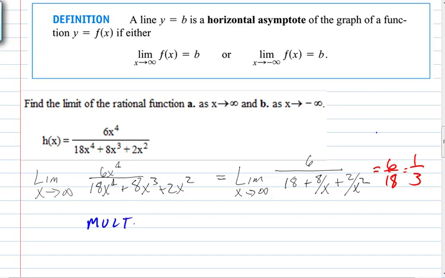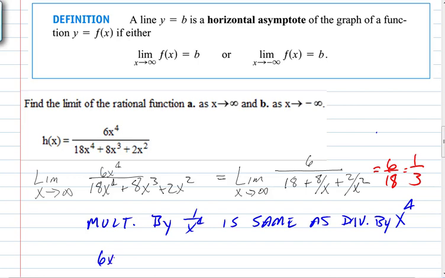Multiplying by 1 over x to the fourth is the same as dividing by x to the fourth. Because if I have 6x to the fourth times 1 over x to the fourth, isn't that 6x to the fourth over x to the fourth? Yeah. So it works the same.